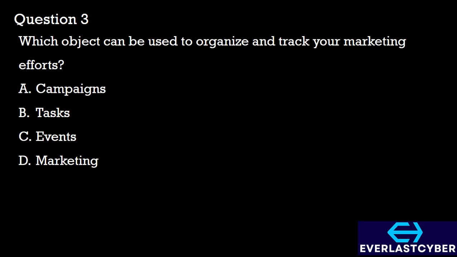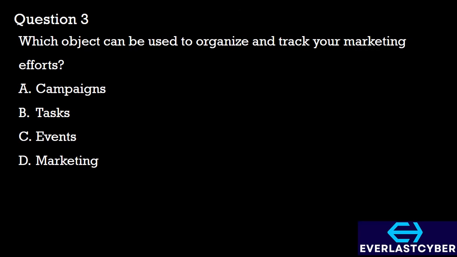Tasks are specific actions or activities that are assigned to individuals or teams to complete within a certain time frame. Events refer to planned occurrences like trade shows, product launches, or webinars. And while events can be part of a marketing strategy, they only represent one aspect of a marketing effort.